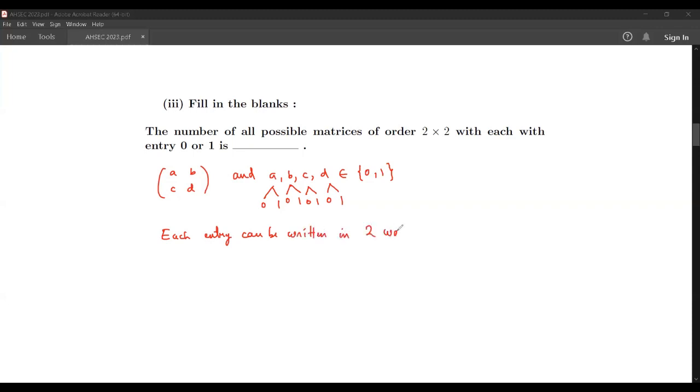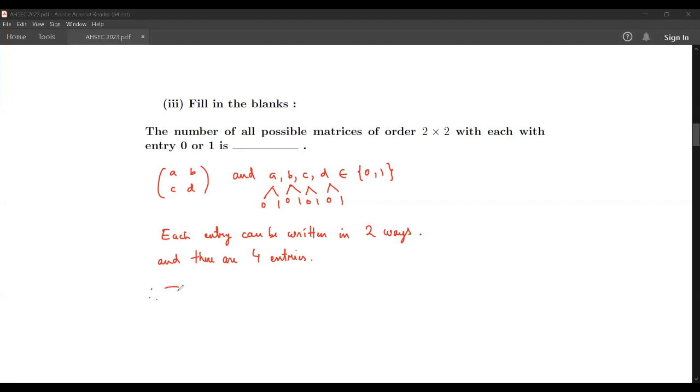They can be written in 2 ways. Okay, and in together, how many entries are there in this matrix? I have 4 entries, and there are 4 entries in together.